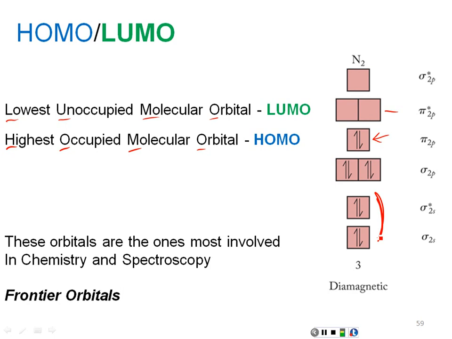They're very stable. So when molecules are reacting with one another, or they're absorbing energy, that's going to happen up here in the highest occupied molecular orbital and the lowest unoccupied molecular orbital. These are also called frontier orbitals. So if you ever hear of frontier orbital theory when you take organic chemistry, just remember that this is what that is referring to.